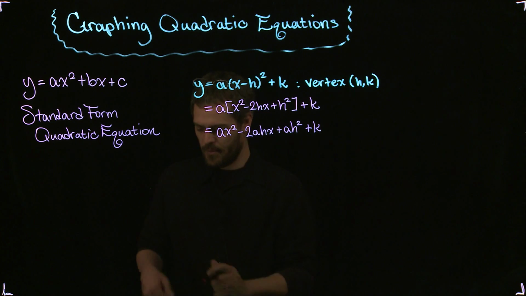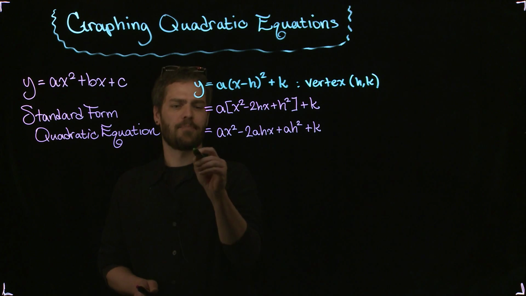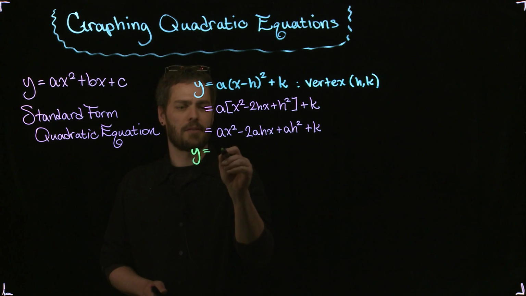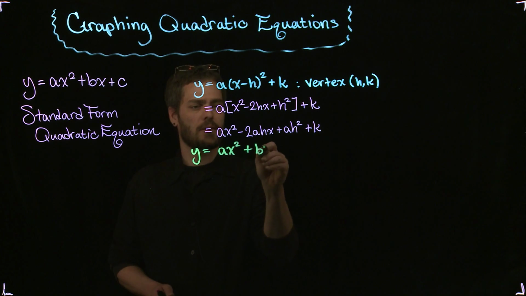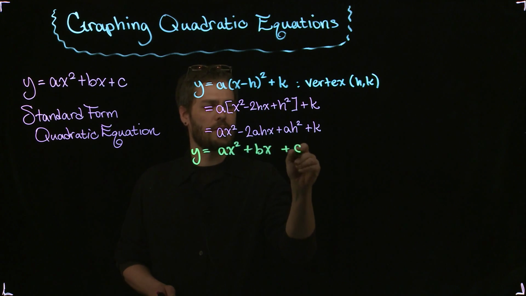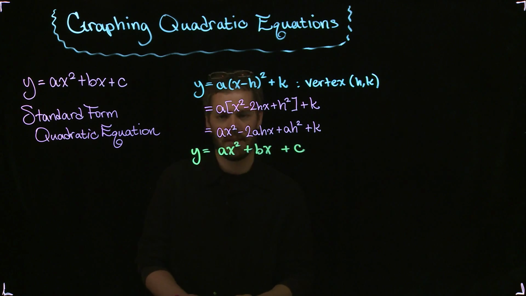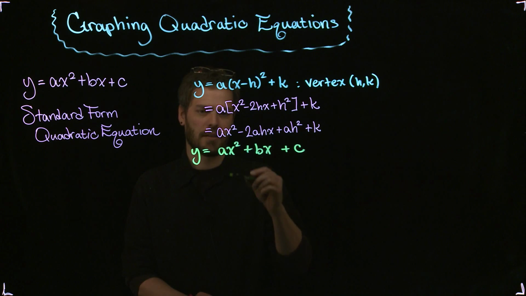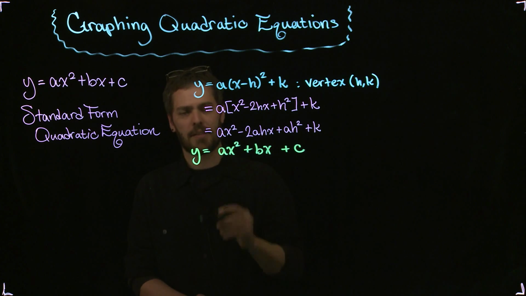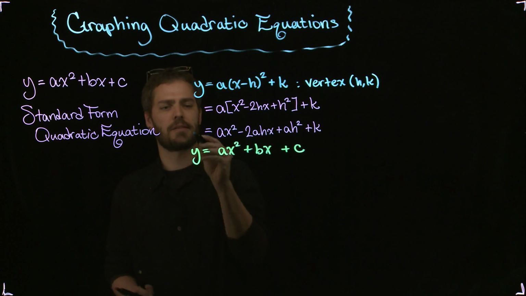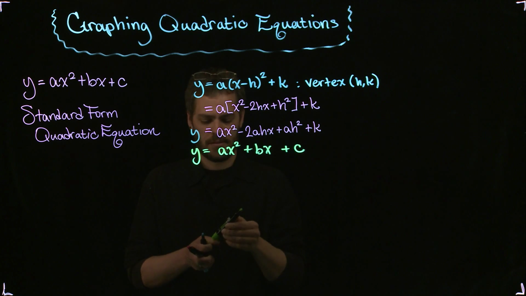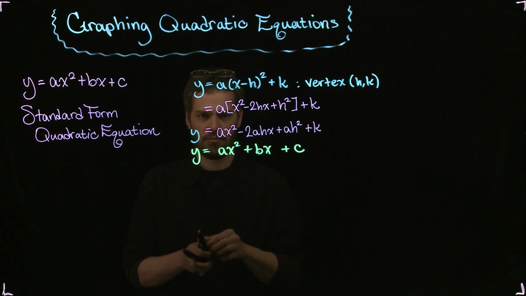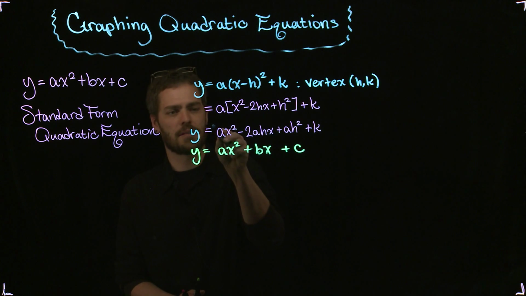It looks a lot uglier, but it actually does look already something like my standard form quadratic equation. Notice what happens if I match that up with the standard form, plus bx plus c. You can see that the leading coefficient a is the same in both equations.